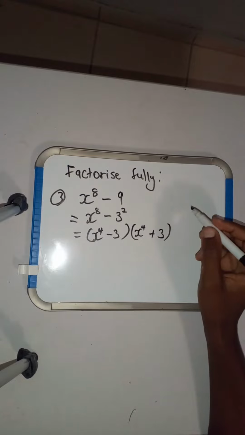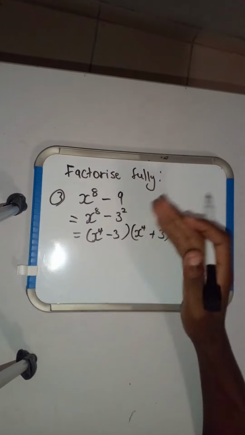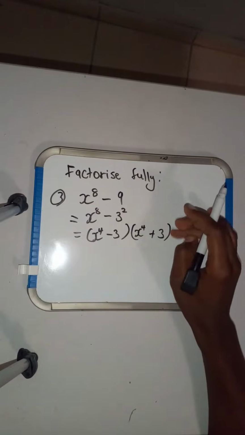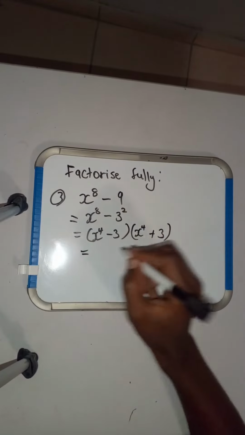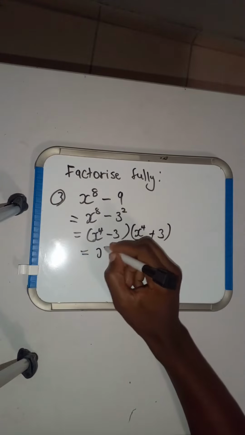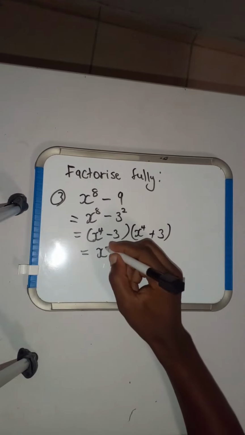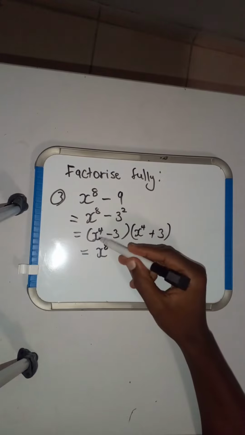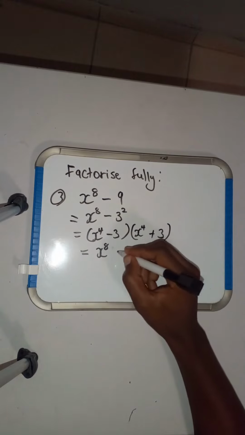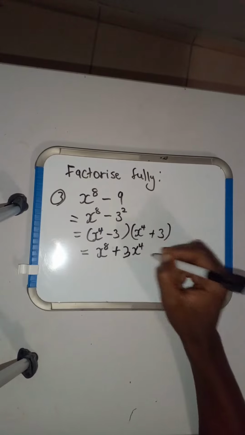Okay, if you want to check if your answer is correct, you can always apply the FOIL method. If you multiply this, you will get that one. Let us try. x to the power 4 times x to the power 4 is x to the power 8. Then x to the power 4 times positive 3 is positive 3x to the power 4.